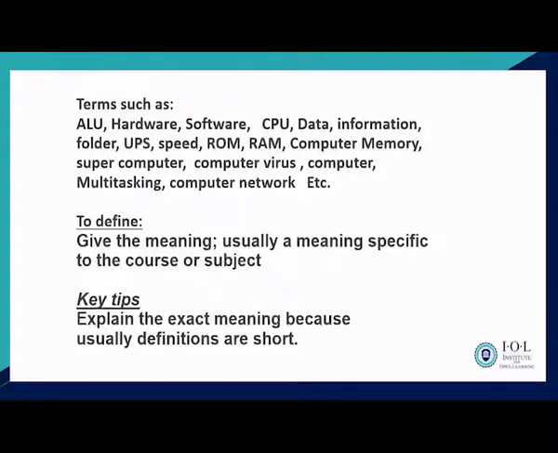I'm just trying to give the definition, but by doing so, have I answered the question? Because my question says differentiate. When you say differentiate, what the examiner wants to see at this junction is your ability, your competency to bring out the difference between these two concepts.